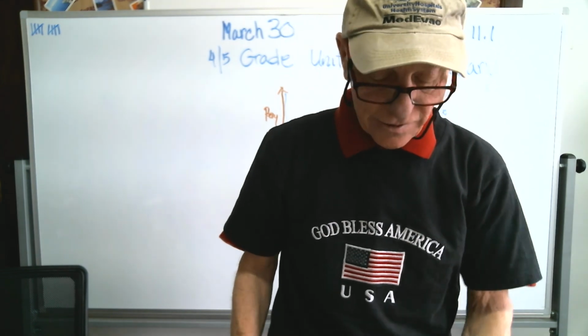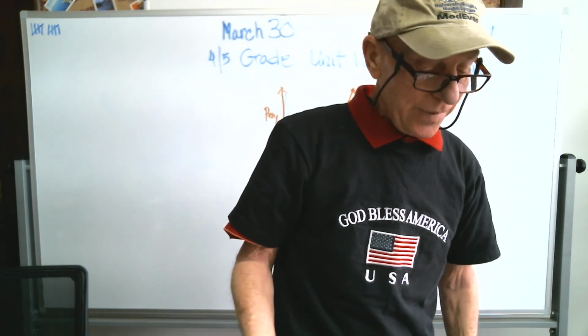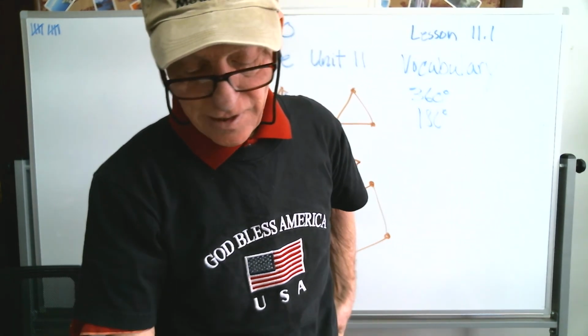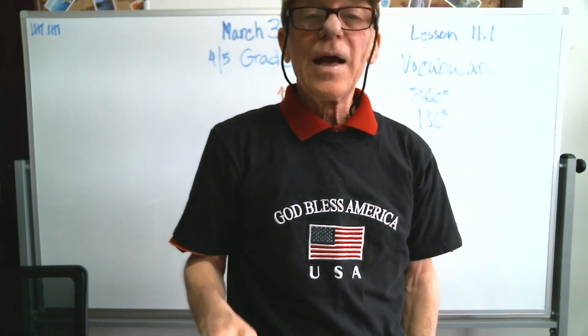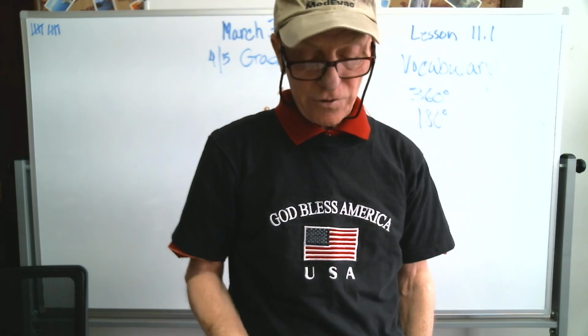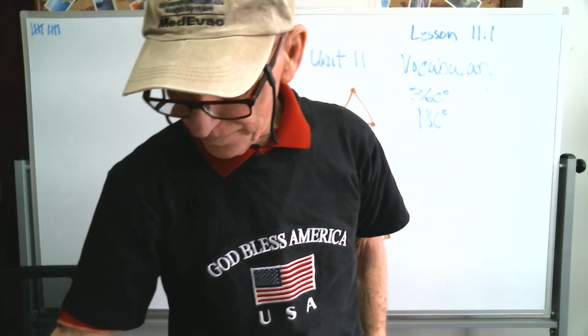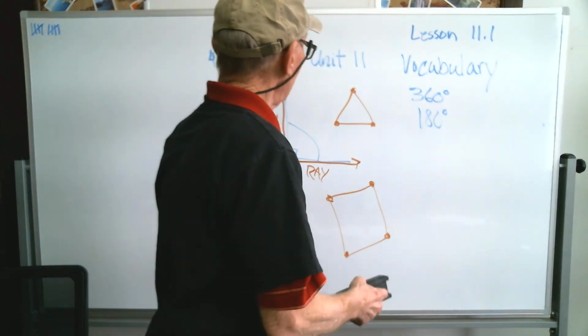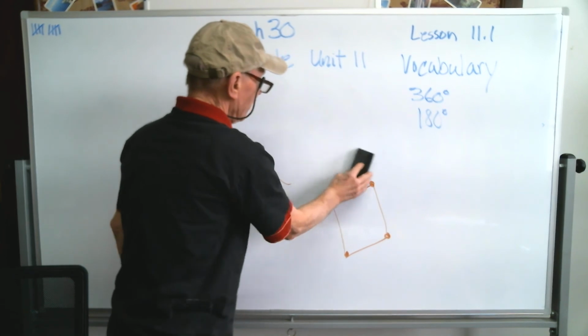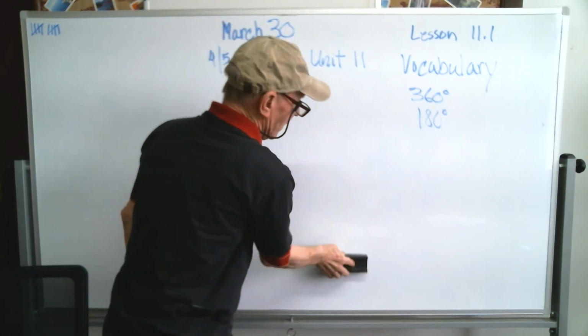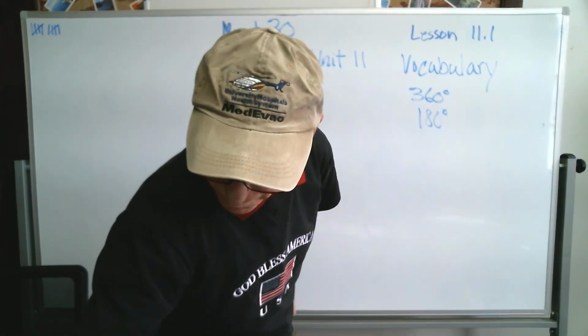You can go on 600A, 600B, and go through the exercise there. Tomorrow, we're going to talk about angles and fractional parts of a circle. Remember, a circle is what we use to determine the degree of an angle. And we break that circle into parts.